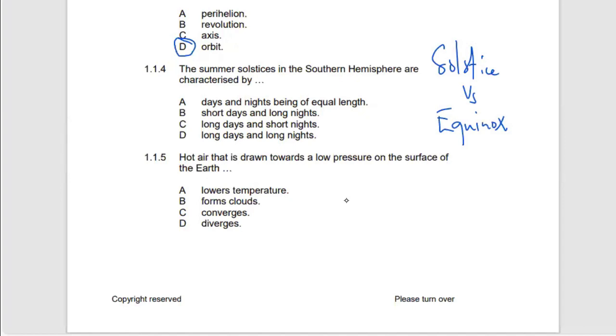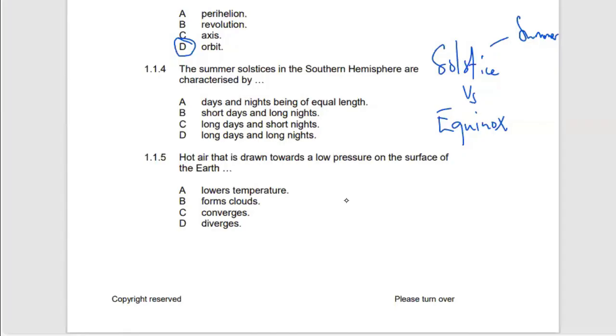So we are looking at a summer solstice. Remember, in a solstice there is an imbalance in the number of hours during the day and during the night. What happens to the size of the day and the size of the night when it's summer solstice in the southern hemisphere?